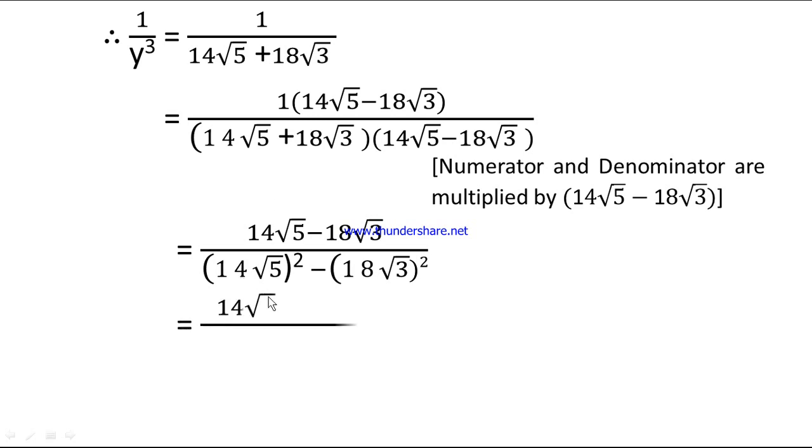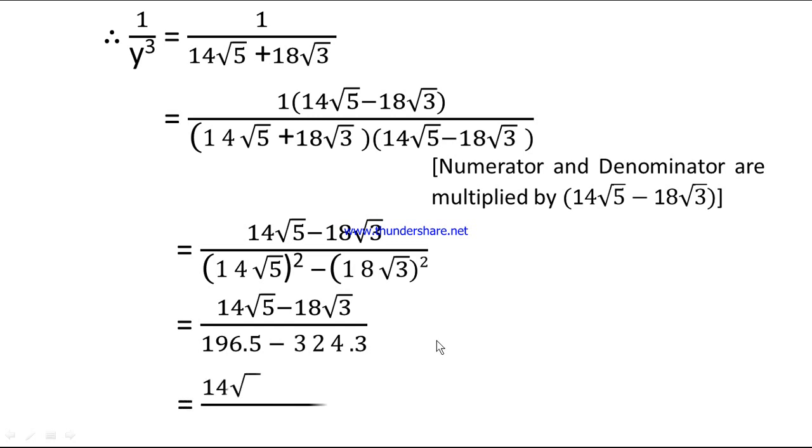Then in the next line will be 14 root 5 minus 18 root 3 by, here 14 square is equal to 196 into root 5 square is equal to 5, minus 18 square is equal to 324 into root 3 square is equal to 3.